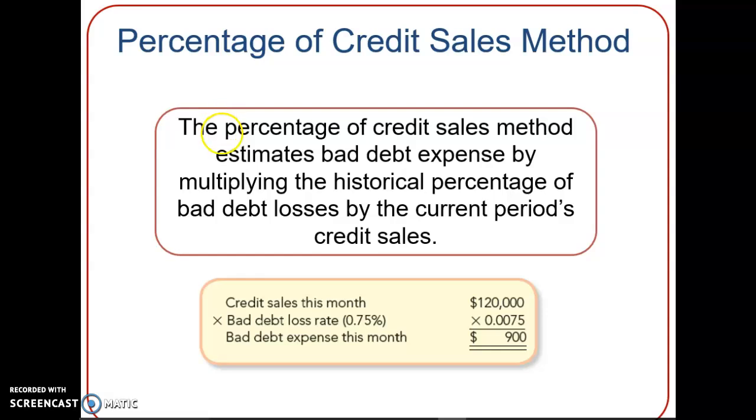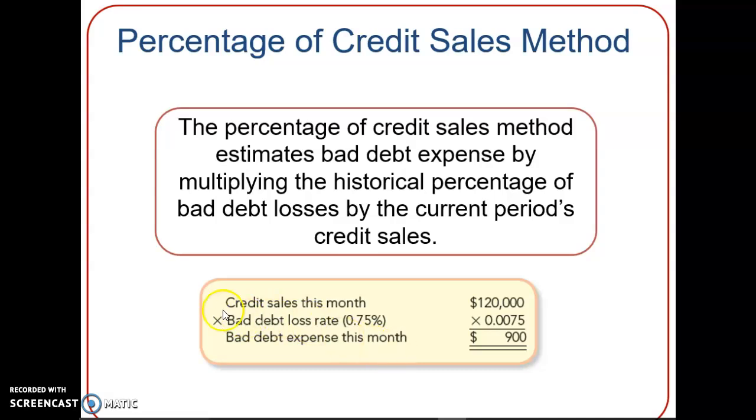So let's see what it has to say. So this method estimates bad debt expense by multiplying the historical percentage of bad debt losses by the current period's credit sales. So to get the estimated bad debt expense using the percentage of credit sales method, we need two pieces of information.